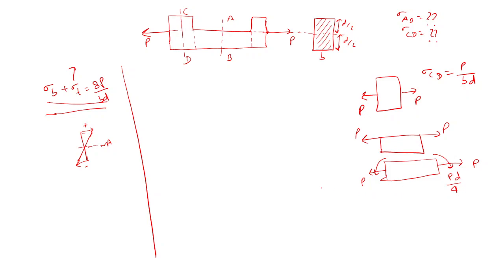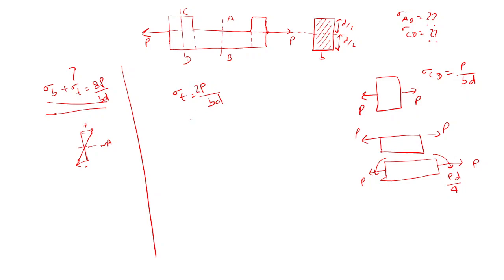Now the direct stress sigma T would be P by this is B, and this is D by 2, so 2P by BD.